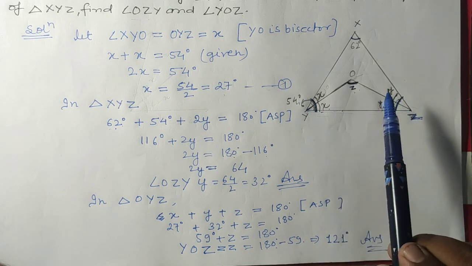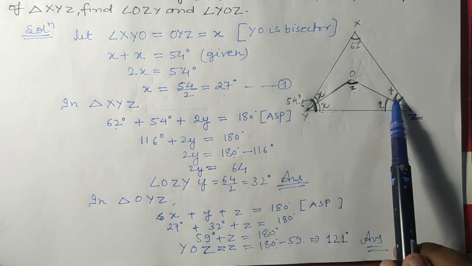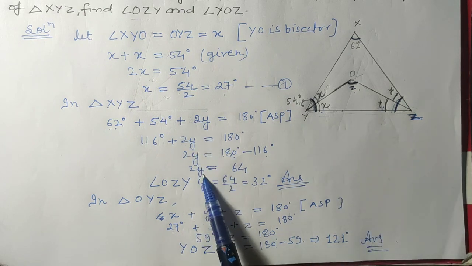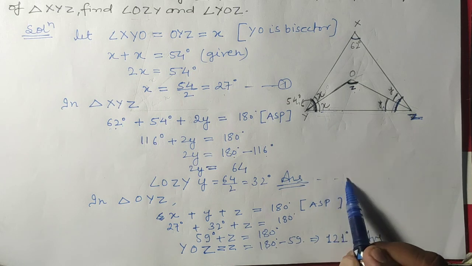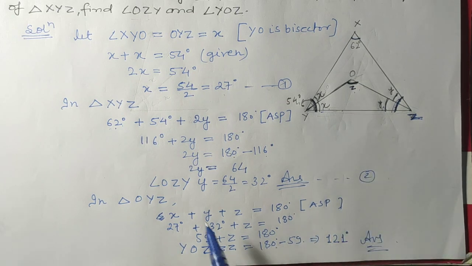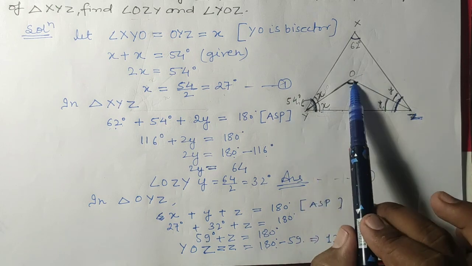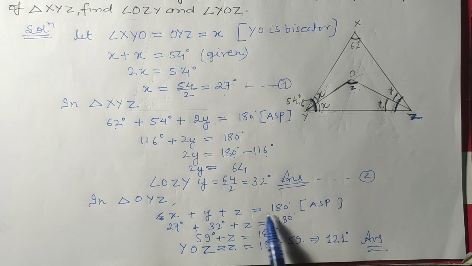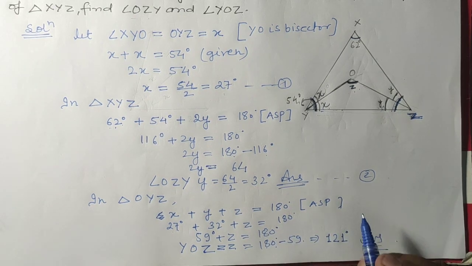We know the angle sum property of a triangle: 62 plus 54 plus 2y, meaning y plus y, the whole angle is 2y here. From this we have found the value of y, that is 32 degrees. Suppose it is equation number 2. And in triangle OYZ, angle x plus y plus z, the sum of all these three should be equal to 180 degrees, angle sum property of triangle.